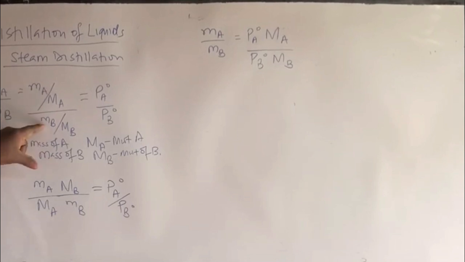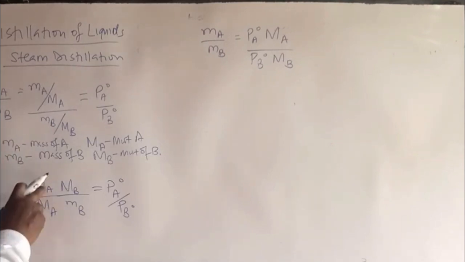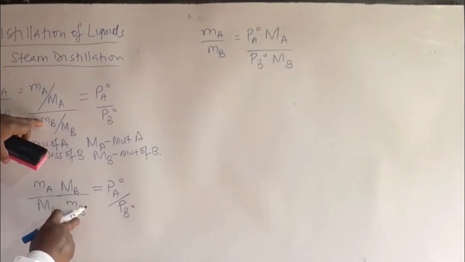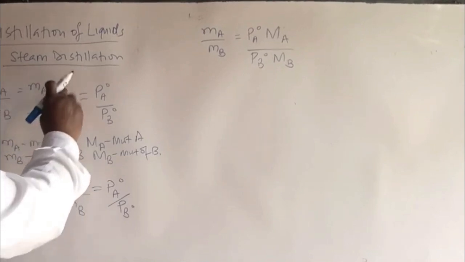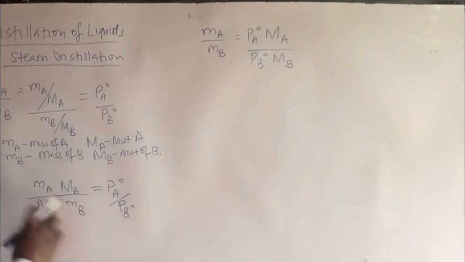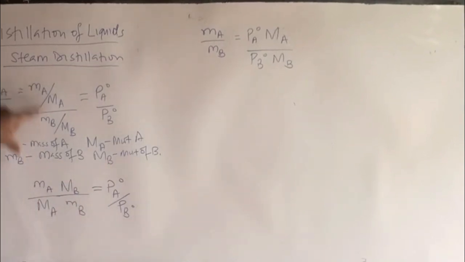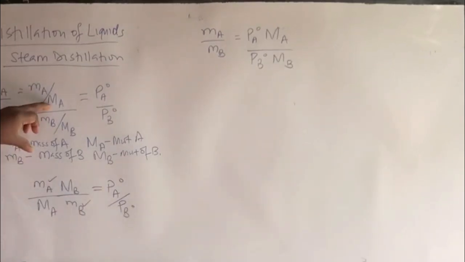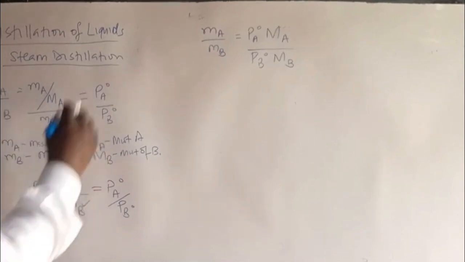Mole fraction of B is mass of B divided by the molecular weight of B. So this is simplified to MA divided by MB, and then we have the molecular weight of A and molecular weight of B. Very good. So we are okay.